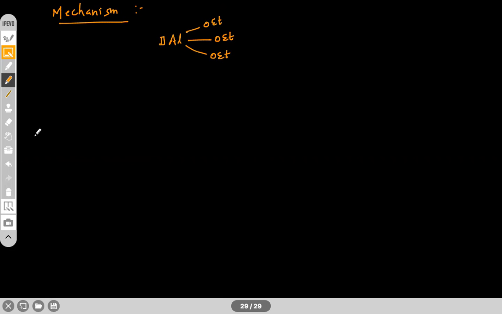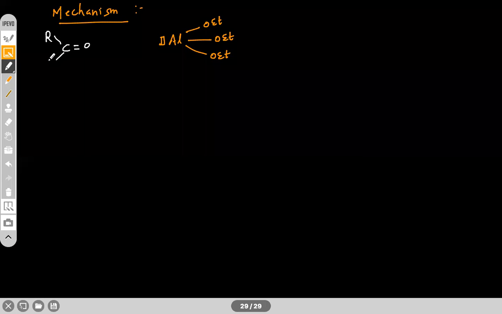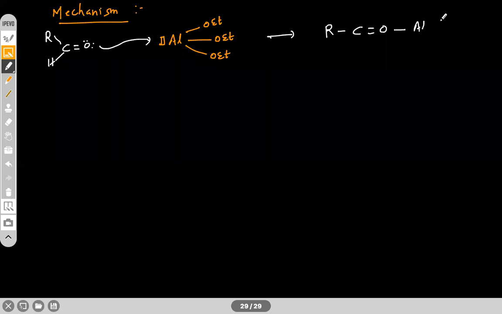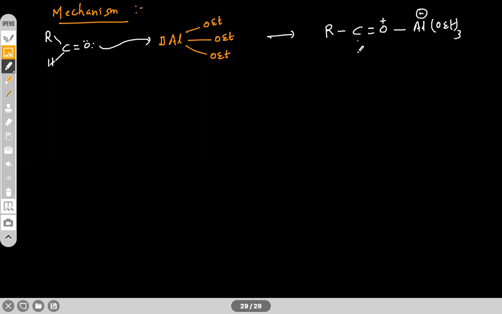Aluminium has a vacant orbital in this. So this aldehyde RC double bond O, in the first step, donates its lone pair to the vacant orbital of aluminium. Okay, and this converts into RC double bond O Al(OEt) whole thrice, negative, positive, and H.